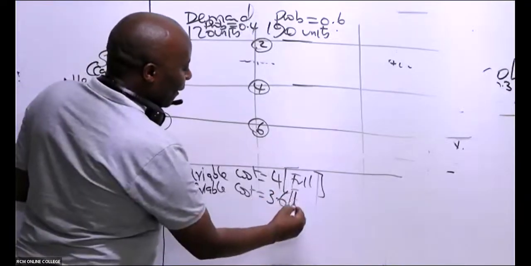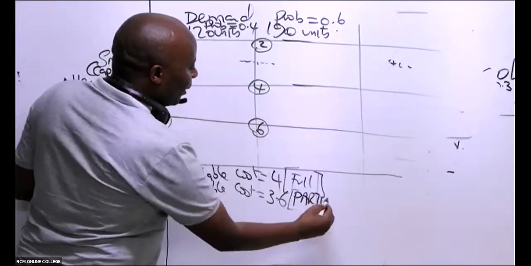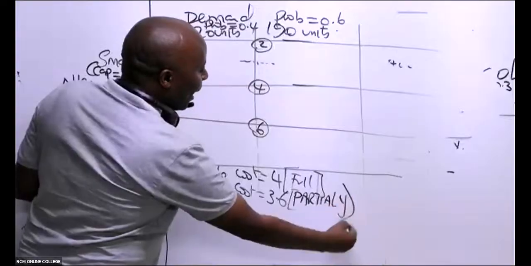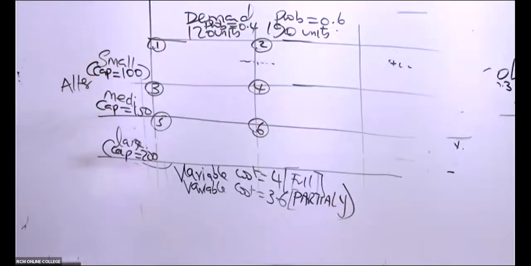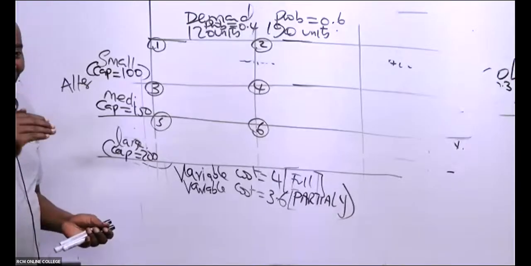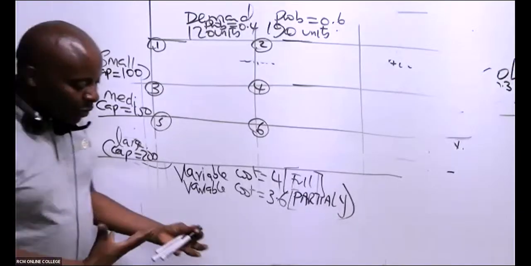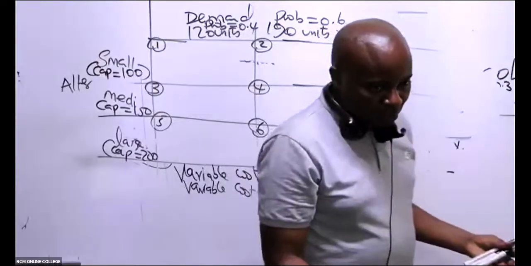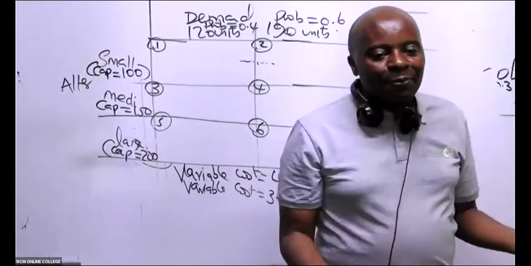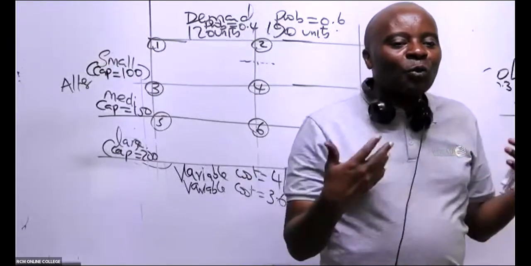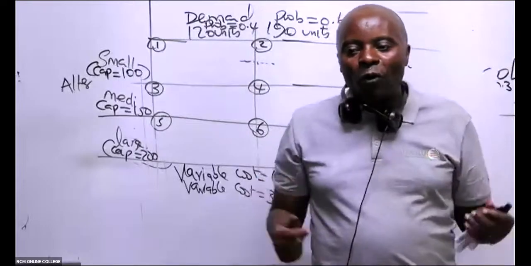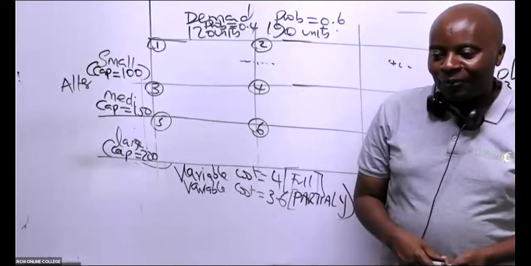If this van moves down partially empty, it will not have much weight on the road, so we shall get a waiver of 10%, meaning that our variable cost will be 90% of 4. What is 90% of 4?